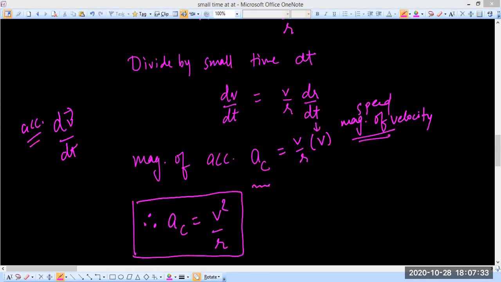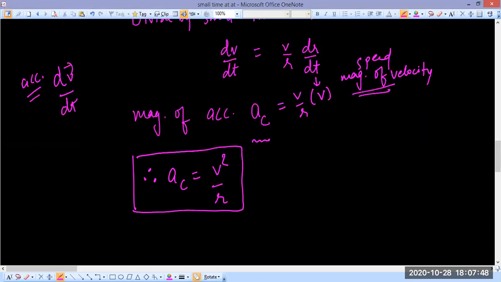We have taken only the magnitude of dv. So finally we have derived the formula of centripetal acceleration, v square by r.